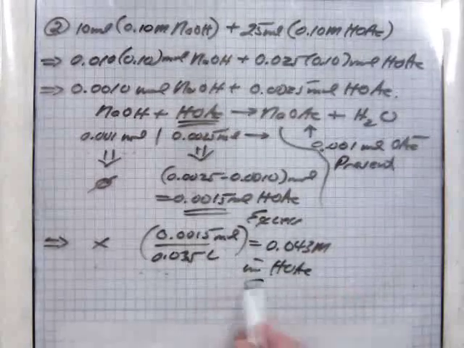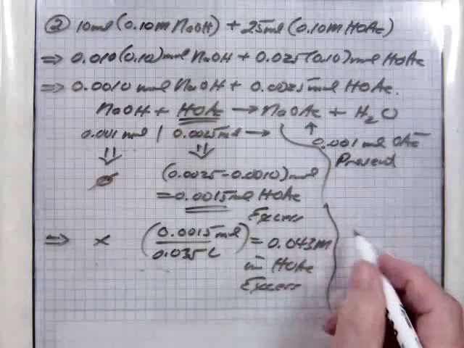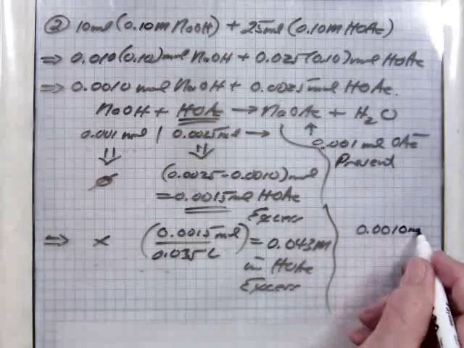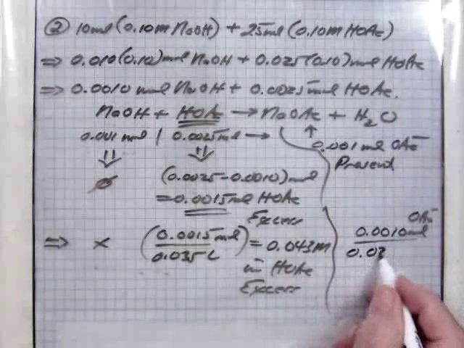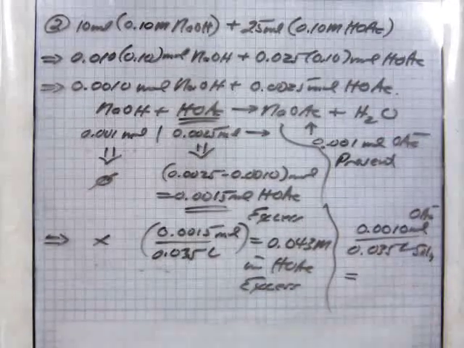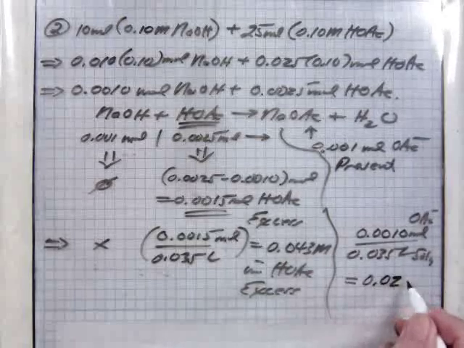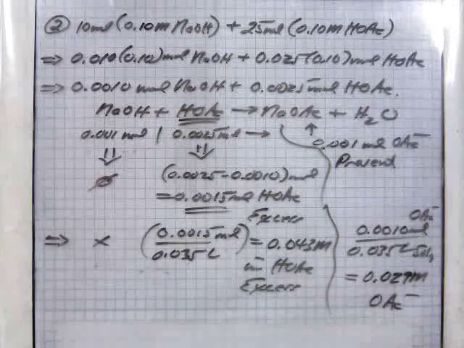That's the excess. And this one will be 0.0010 mole of the OAc in 0.035 liter solution. That's 0.029 molar in acetate ions right there.